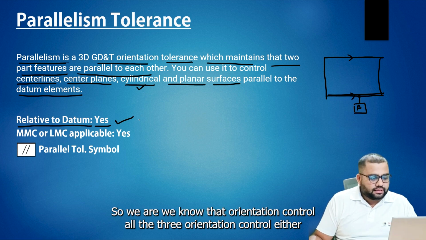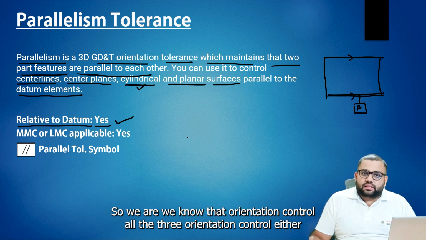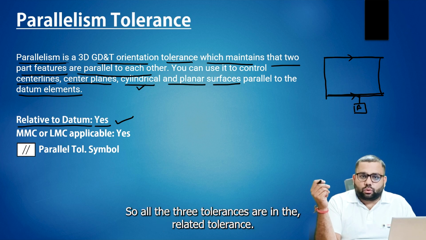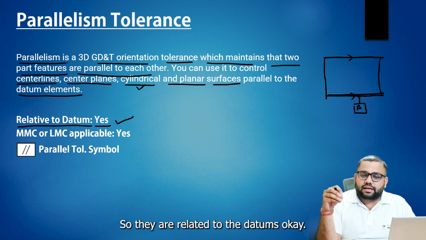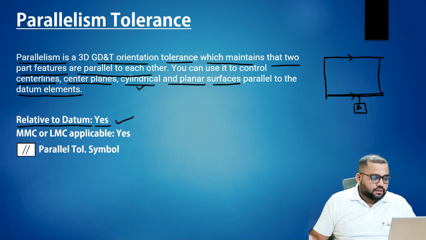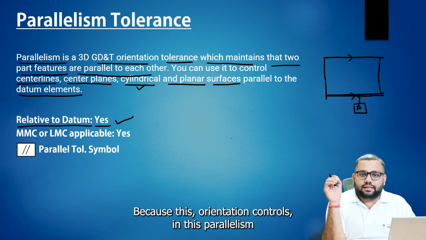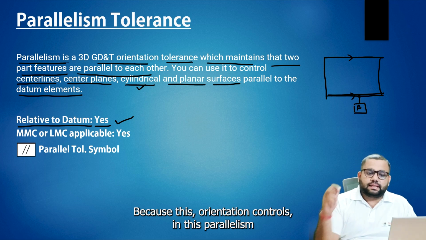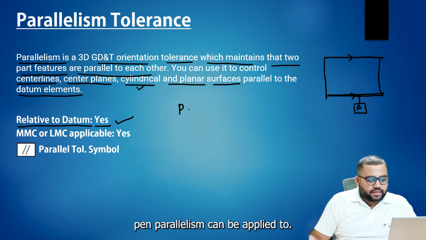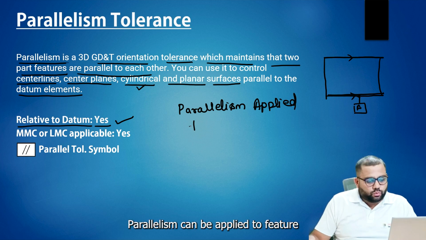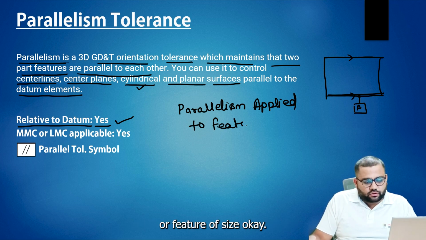We know that all three orientation controls, either angularity, perpendicularity or parallelism, are in related tolerance zones, so they are relative to the datums. Maximum material condition or least material condition are applicable, because parallelism can be applied to a feature or a feature of size.